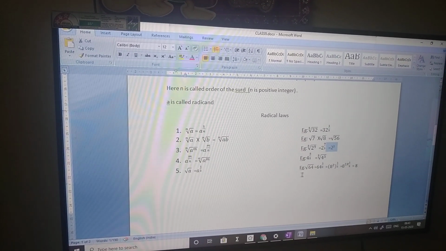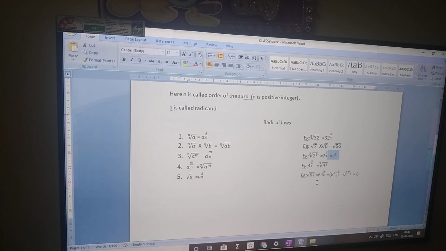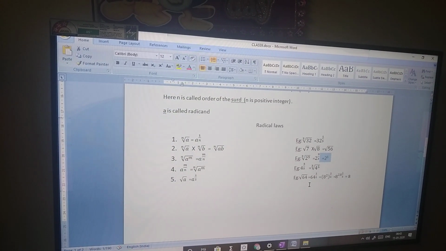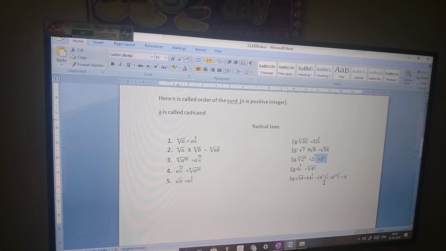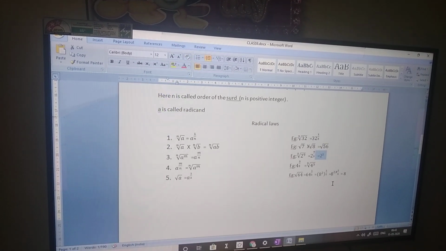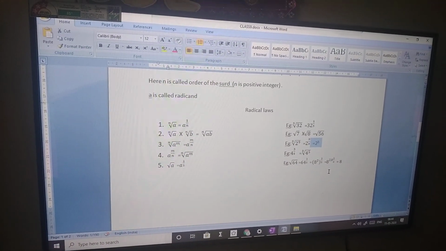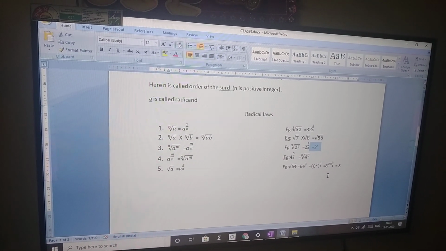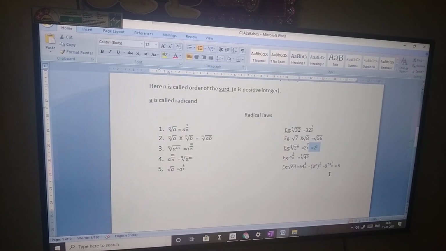So square root of 64 we can express as 64 whole power 1 by 2. 64 again we can express as 8 power 2 whole power 1 by 2. So we are applying the a power m whole power n formula, a power m into n. 8 power 2 into 1 by 2 equals 8.